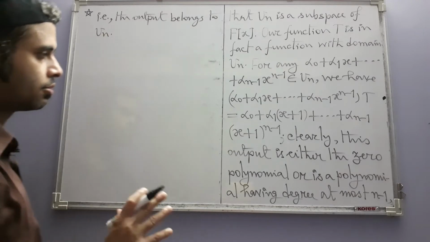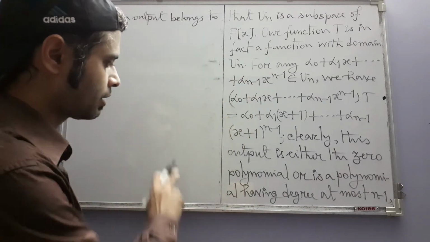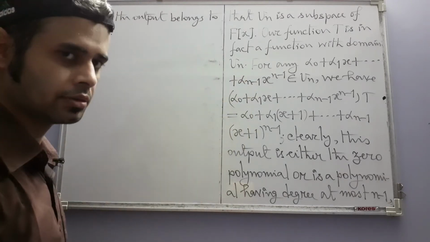So we now know that at least T is a function from Un to Un.